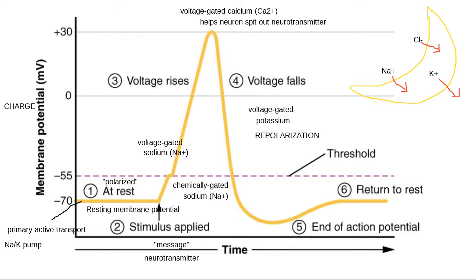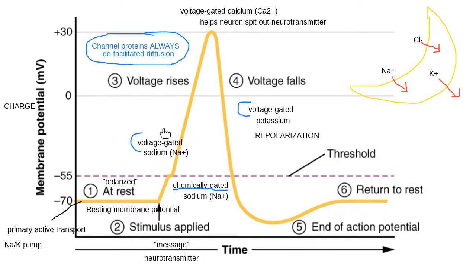Remember though, here's why we're on this graph, how we got on this bunny trail. Whether we're talking about chemical gates or whether we're talking about voltage gates, whenever we talk about channel proteins, channel proteins always do facilitated diffusion.